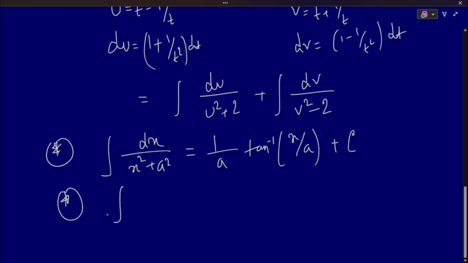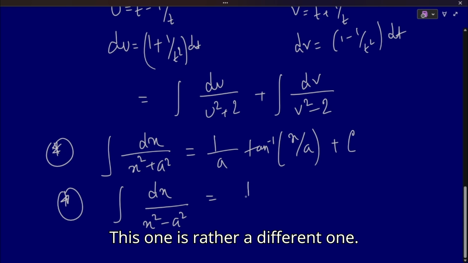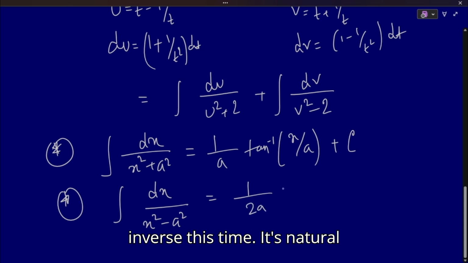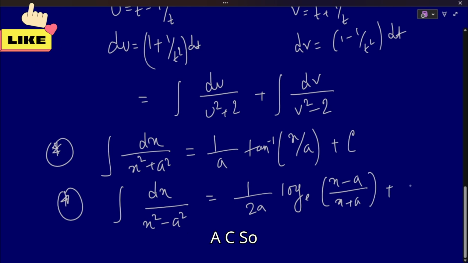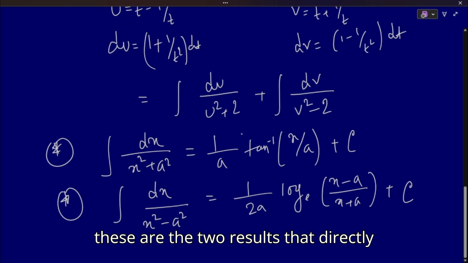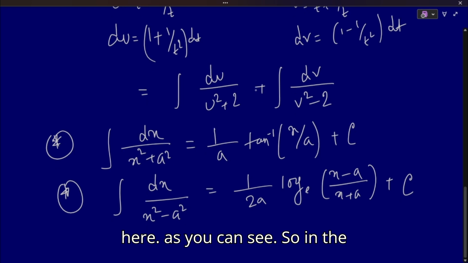And the second one, integral of dx upon x squared minus a squared, where again a is a constant. This one is rather a different one. Obviously, it has nothing to do with tan inverse this time. It's 1 upon 2a natural log of (x minus a) upon (x plus a) plus c. So these are the two results that directly compare to these two integrals right here, as you can see.